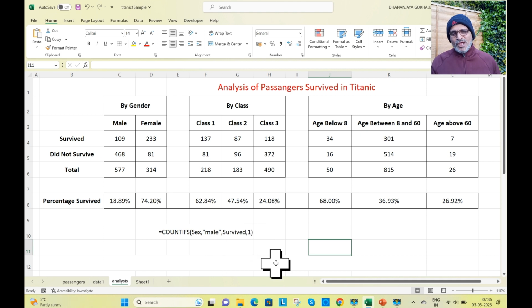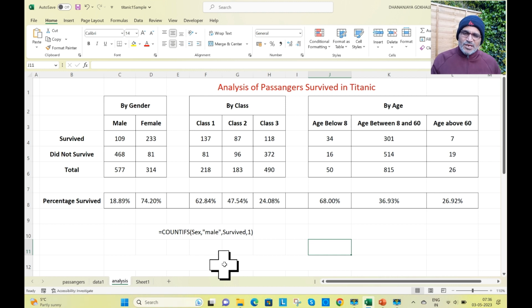All right. So in the table, the column headings are there. One is sex, other one is class, and other one is age. Okay, because we want to analyze by these three things. One column name is sex, where we have male, female. Other one is class, where we have class 1, class 2, class 3, and the third one is by age, where we have the age, right?